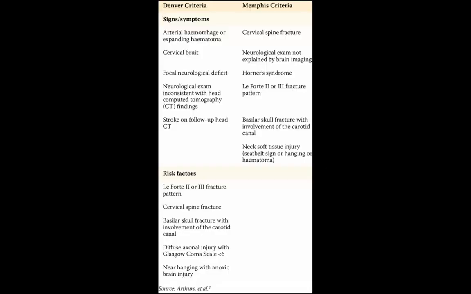When to do CT angiography in a patient with head and cervical injury? There are classifications. One is called the Denver criteria, the other is the Memphis criteria, which are very logical criteria. Let's talk about Denver. If you have a hematoma in the neck, of course you should do an angiography.